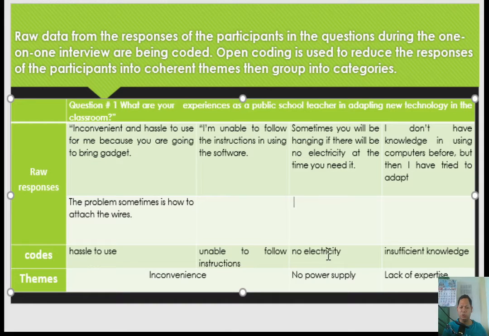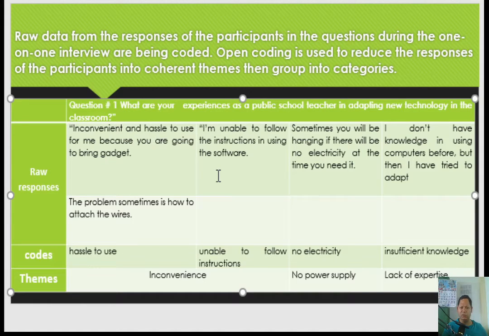So I just give the code no electricity. Fourth, I don't have knowledge in using computers before, but then I have tried to adapt. So I give the code insufficient knowledge. So we have generated 4 codes from these responses of the participants.